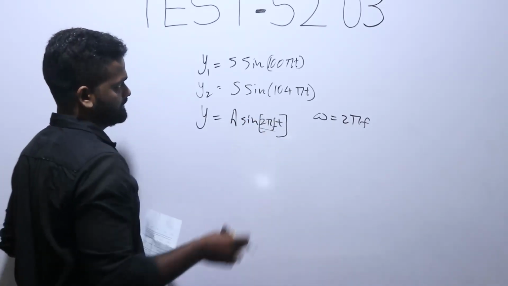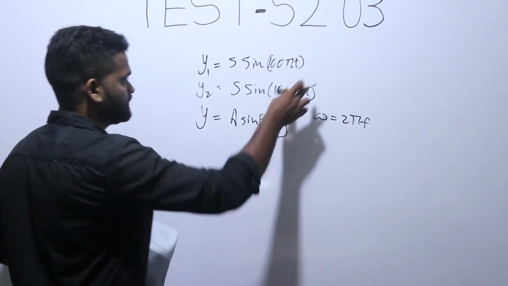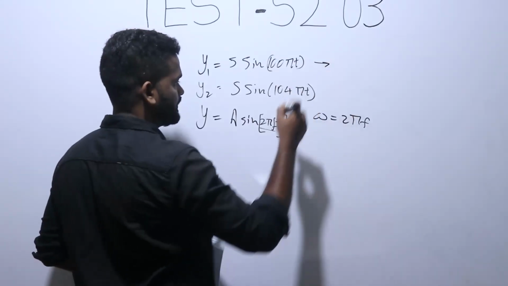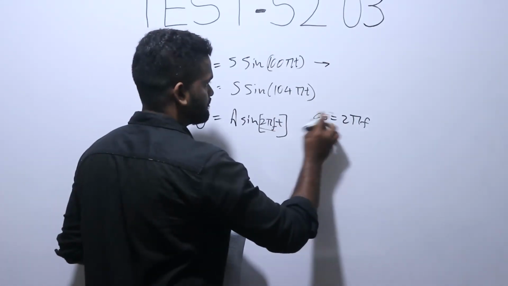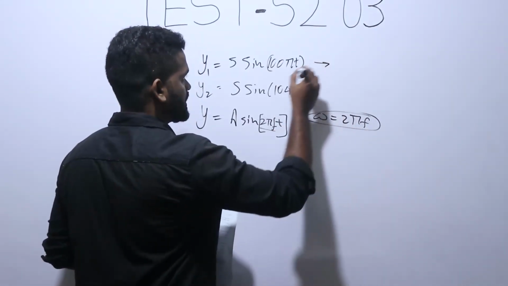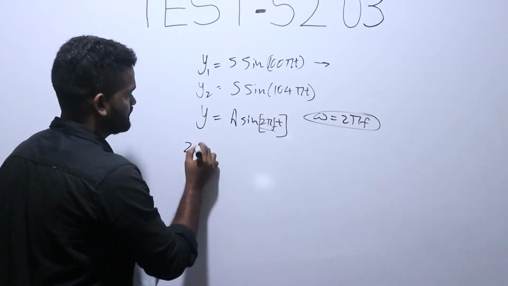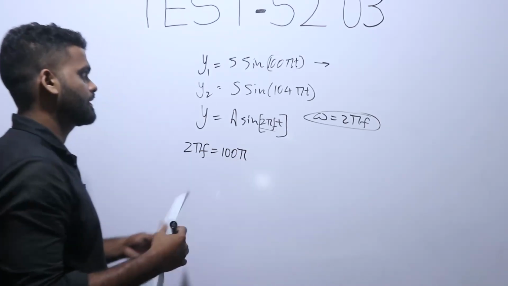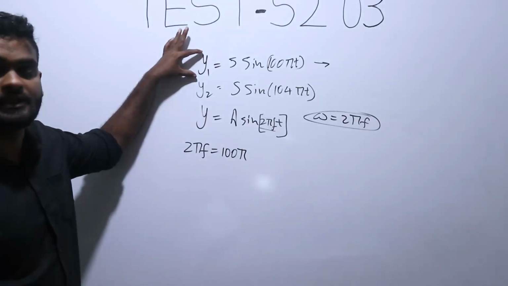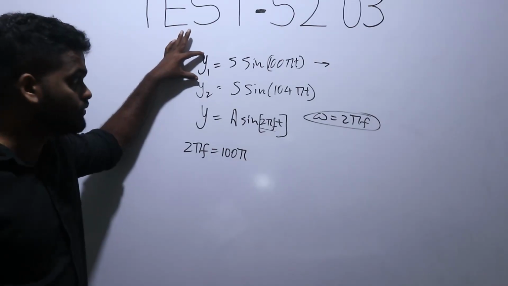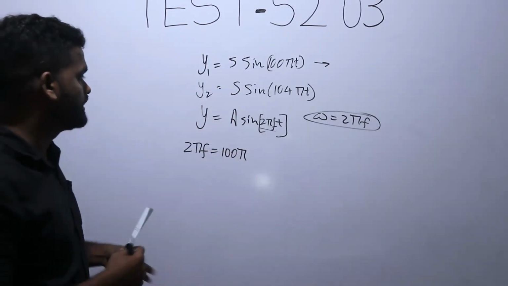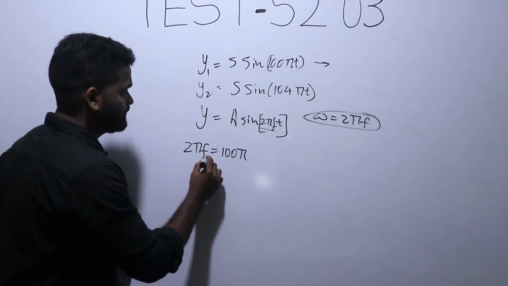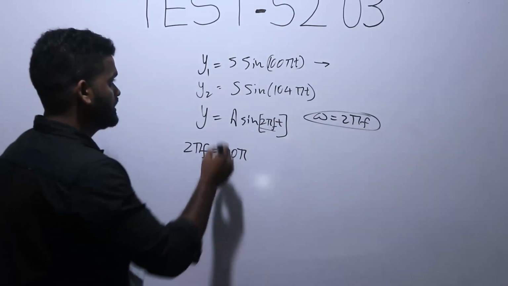From that, we know that for the first equation, 2 pi f1 is equal to 100 pi.